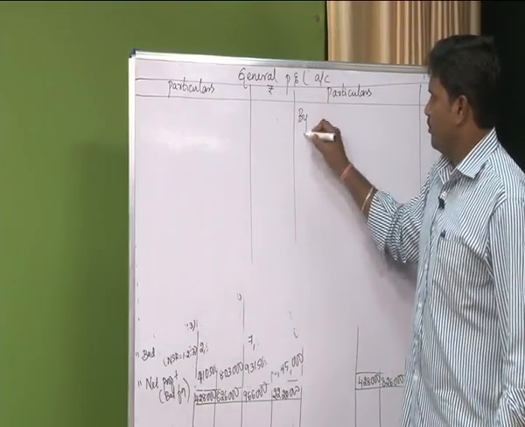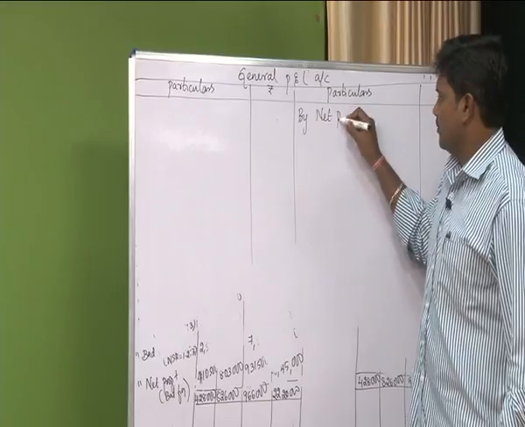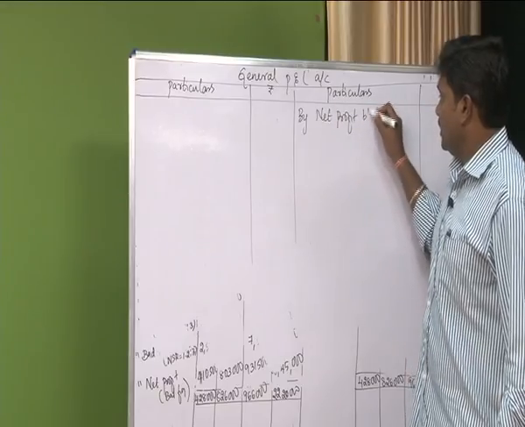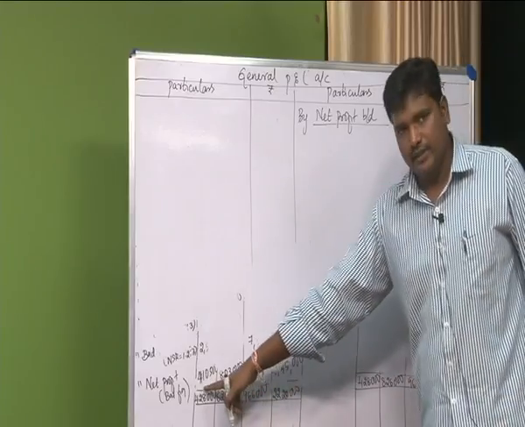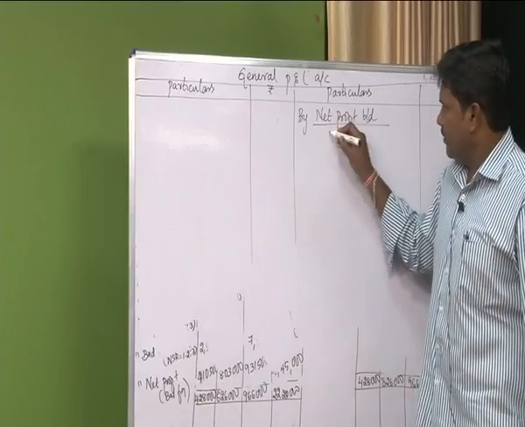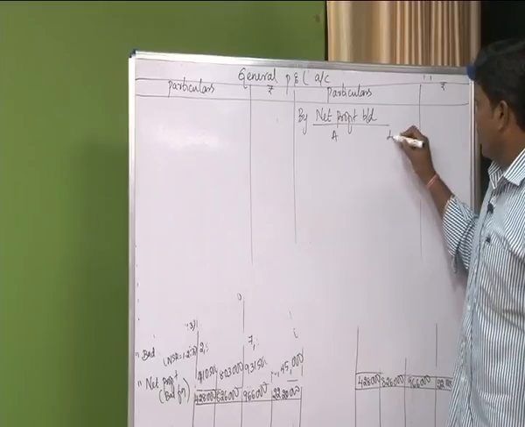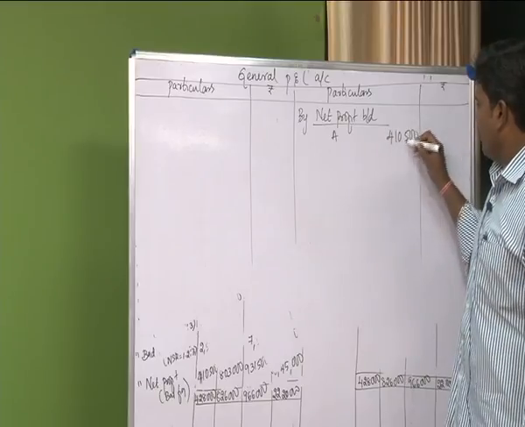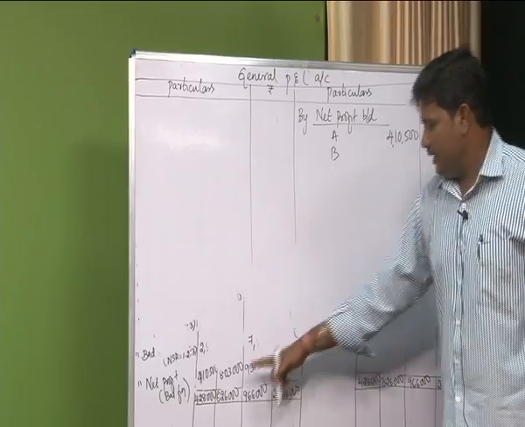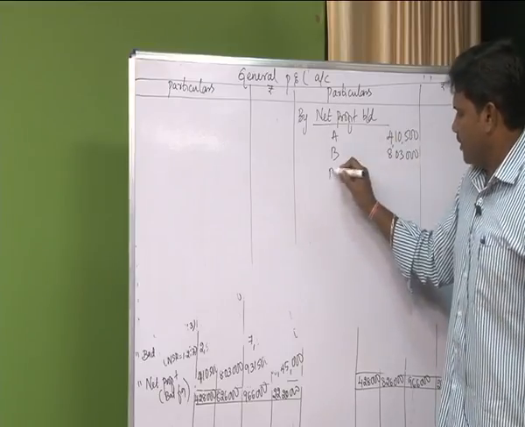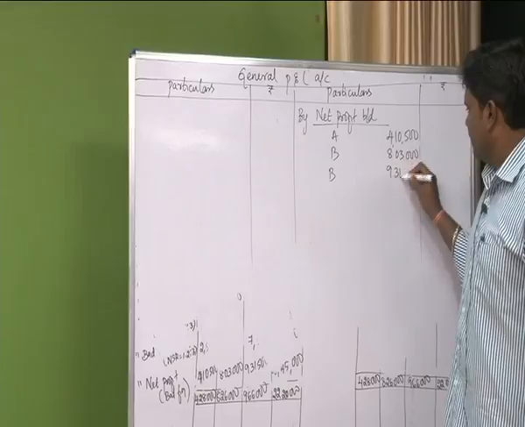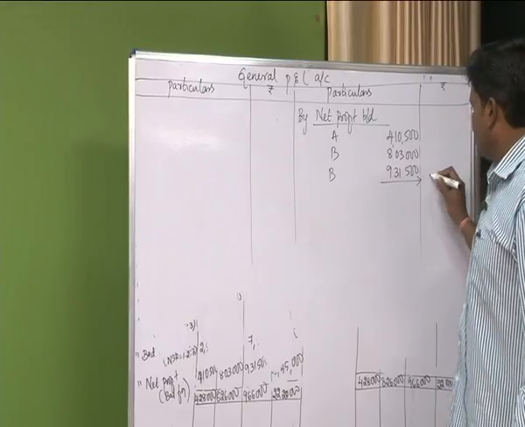This is the net profit brought down from the departmental profit and loss account. For department A 4,10,500, for department B 8,03,000, and for department C 9,31,500. So total 21,45,000.